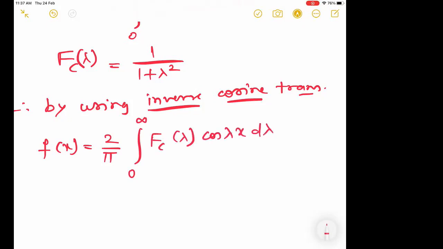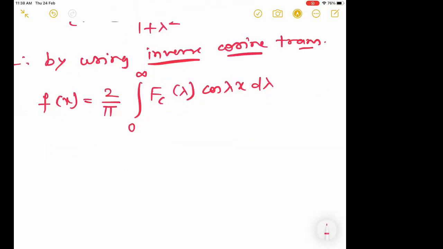Please refer to the inverse cosine transform formula given above in the formulae for the Fourier cosine and sine transform. Okay, so here we just put this result, that means 2 upon pi integral 0 to infinity, the Fc(lambda) answer we just got, 1 upon 1 plus lambda square, into cos lambda x d lambda. Correct? Now tell me what I should write for f(x) on the left side.